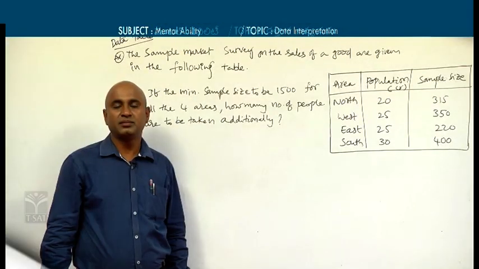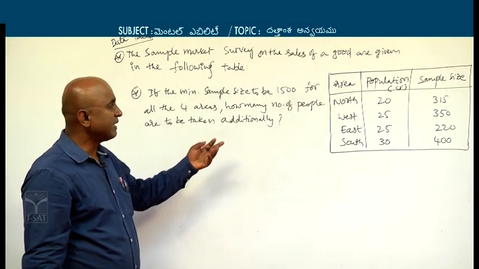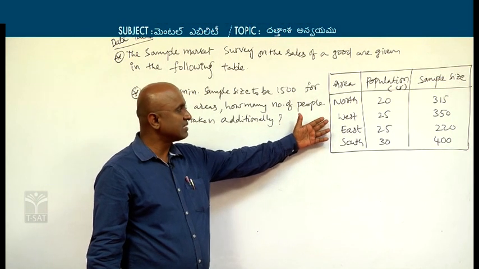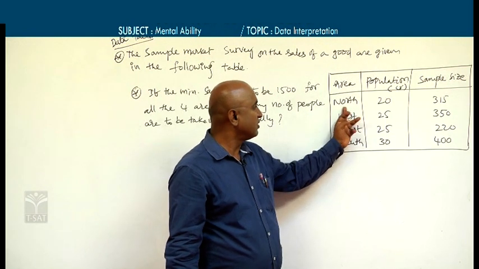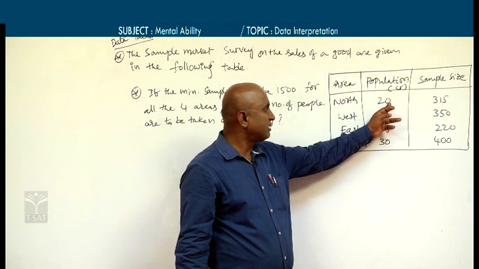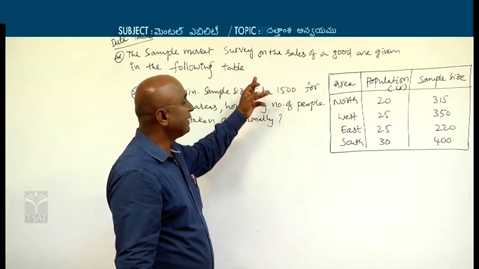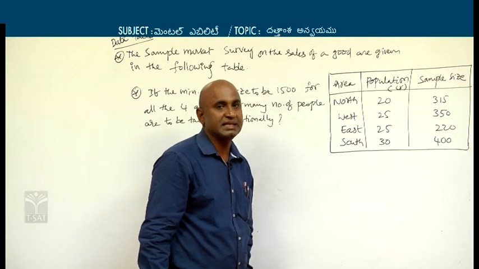The next problem in the data tables is as follows. Here one sample survey was conducted in various directions of a region and the population of those regions is also given. And out of that population, how many people are conducted or participated in the survey is also given in the name of sample size.